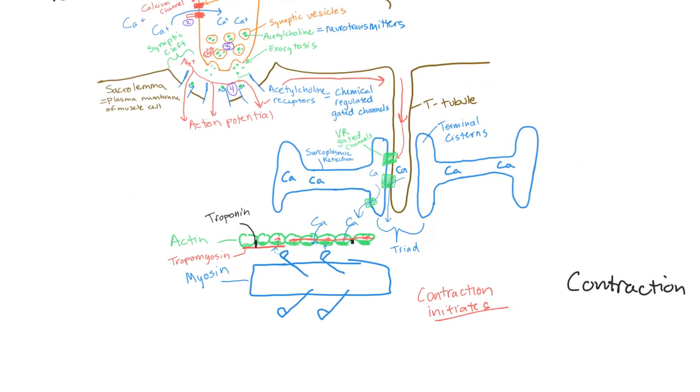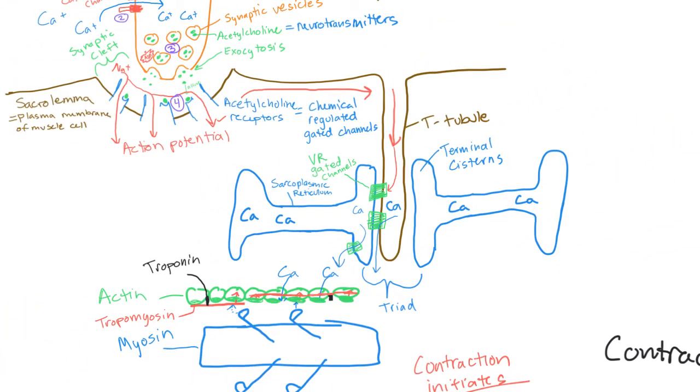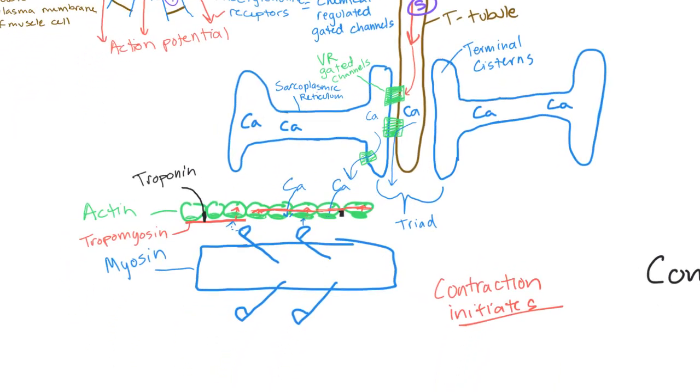All right, so let's do some more numbering. So we have our action potential going down the T-tubule, release of calcium, binds to the tropomyosin, and then we have contraction.